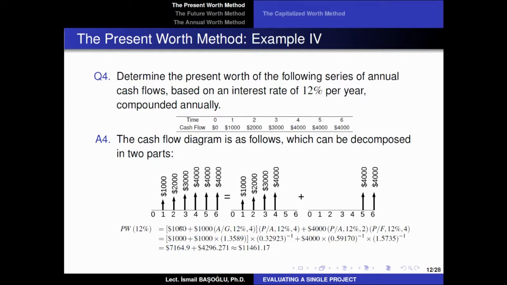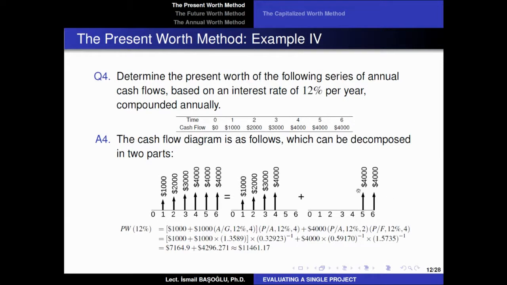And we need to add this base amount, $1,000, which is going to be paid in 4 years after the gradient amount. And that square brackets here is going to give us a uniform series. And that uniform series is going to be multiplied with a uniform series present worth factor under 12% interest rate for 4 years. So this calculation here, the first calculation until this plus sign, is going to give us the present worth of these 4 cash flows.